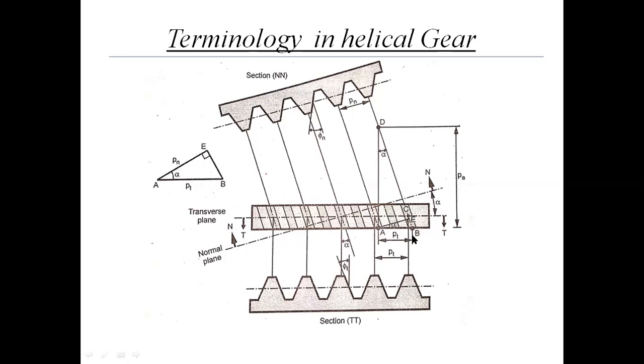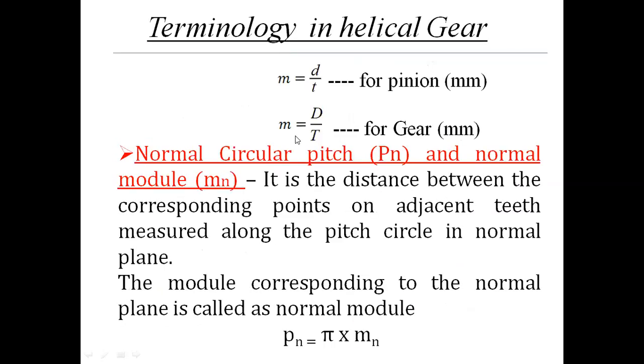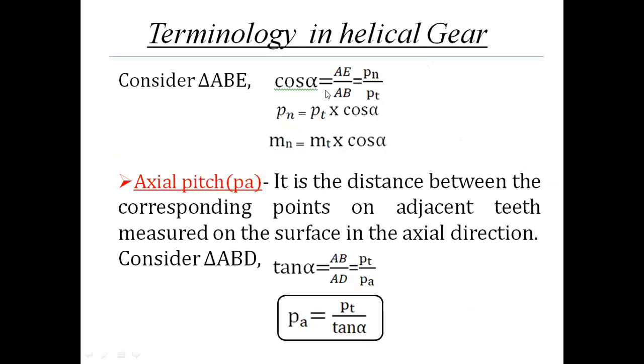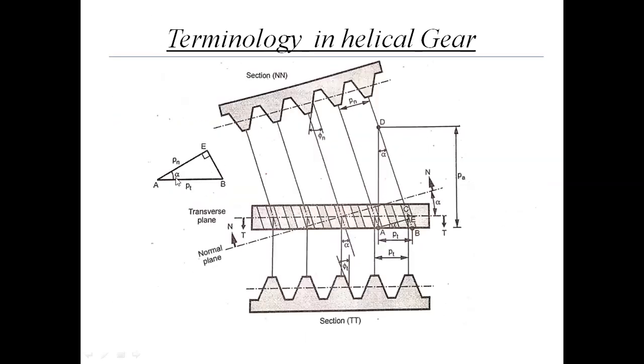This is 90 degrees again. So consider this triangle. Cos alpha is equal to AE upon AB, adjacent side divided by hypotenuse.